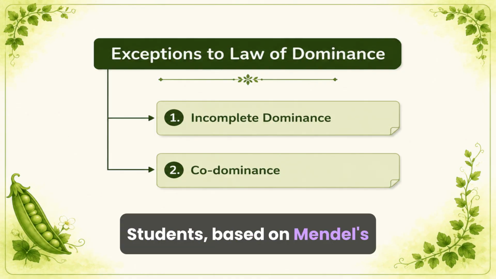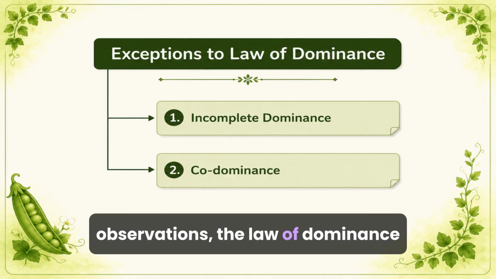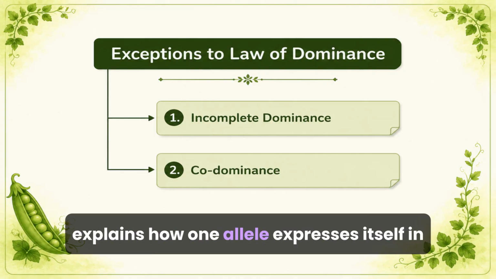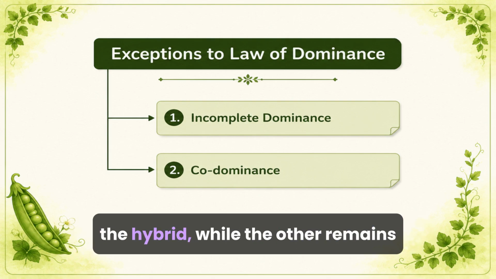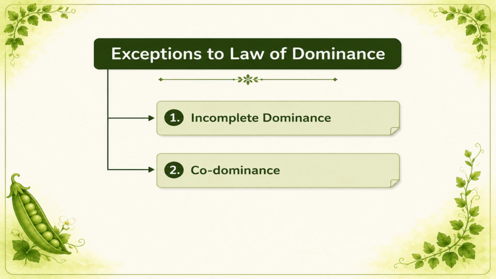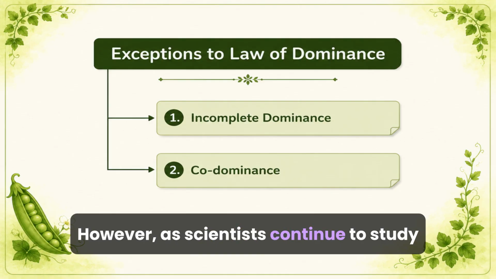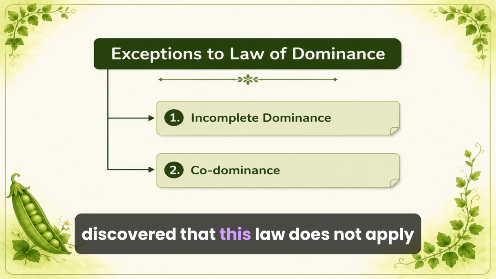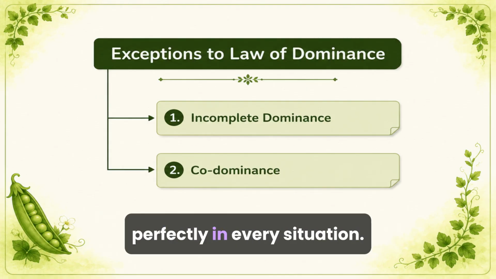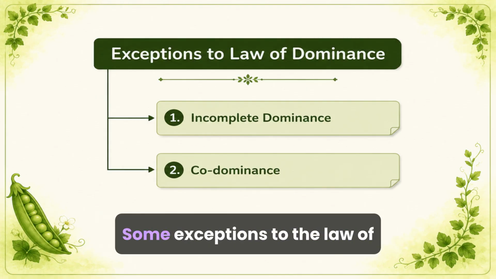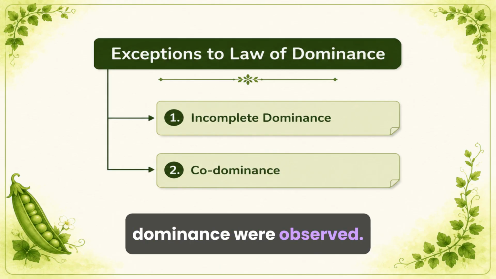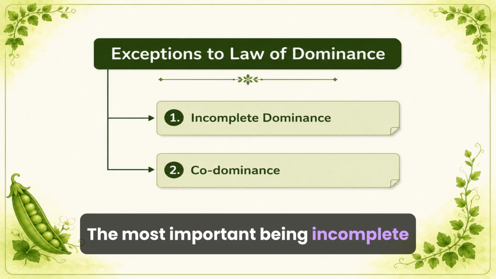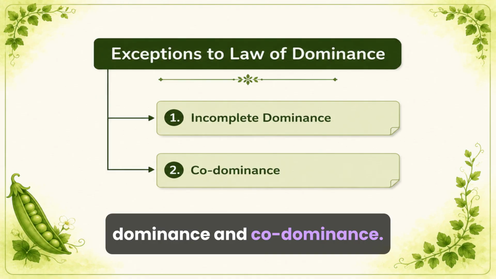Students, based on Mendel's observations, the law of dominance explains how one allele expresses itself in the hybrid, while the other remains hidden. However, as scientists continued to study inheritance in different organisms, they discovered that this law does not apply perfectly in every situation. Some exceptions to the law of dominance were observed, the most important being incomplete dominance and codominance.